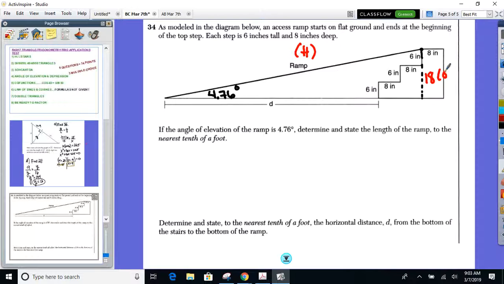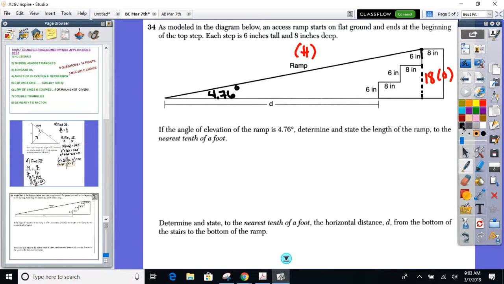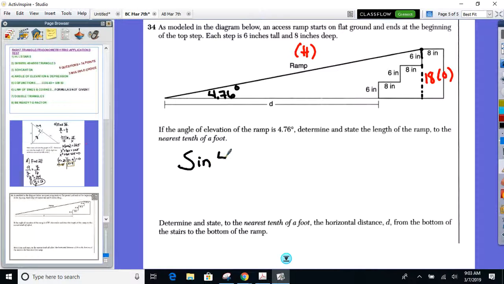Opposite side, all right. So if I have the opposite side and the hypotenuse, I can use sine. Nice. Sine of 4.76 equals opposite 18 over hypotenuse. I'll call it H.